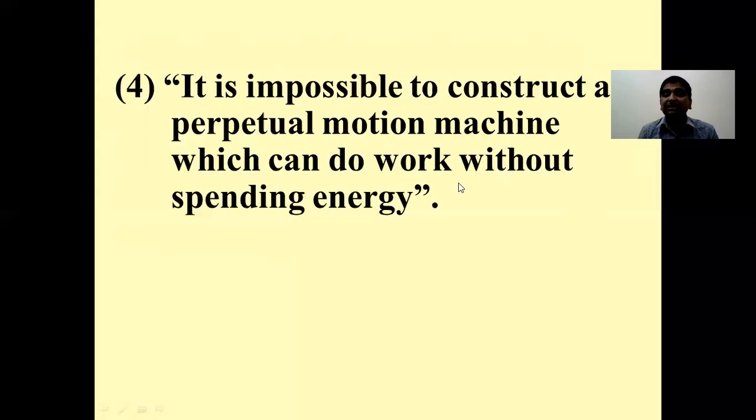But in practice, there is no 100% perpetual motion machine. No machine can do work without consuming some energy. So this seems to be hypothetical here. That is, it is impossible to construct a perpetual motion machine which can do work without spending energy.